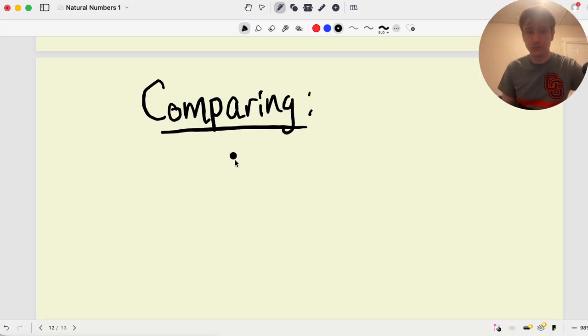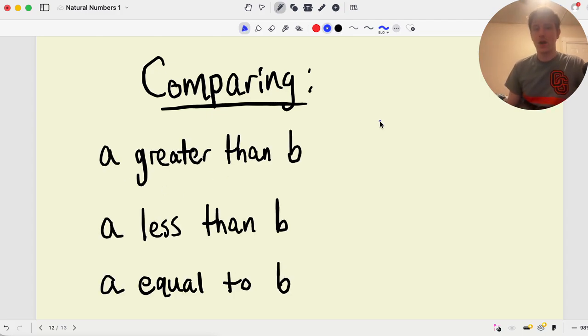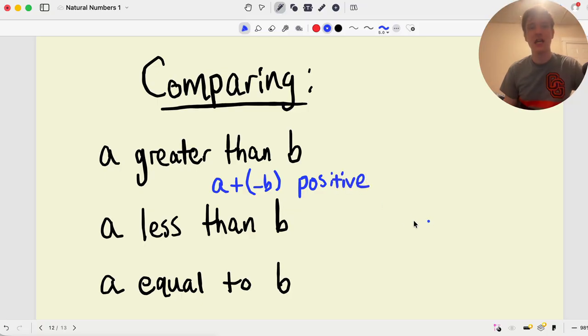With comparing, what I have is 3 different situations. I could have that A is greater than B, and what that really means is that if I take A and add the inverse of B, I end up with a positive number. I want you to think about that for a second. Imagine that A is composed of dots and B were the anti-dots. If A is greater than B, there are going to be more dots, so we say that it's a positive number overall.